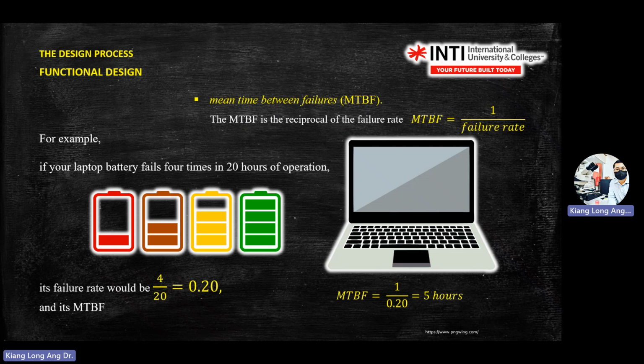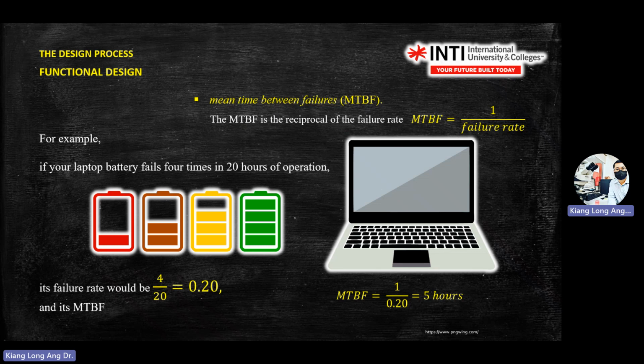The unit for MTBF is the unit that the problem states. In this case, because the question mentioned hours, the MTBF is in hours. It means the mean time between failures is 5 hours. Every 5 hours, your battery will fail, on average.